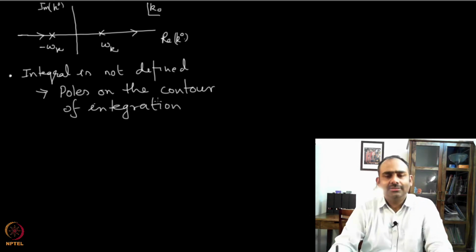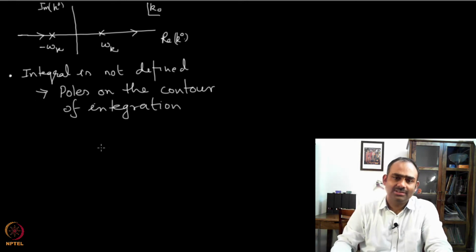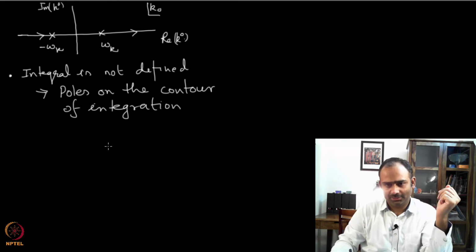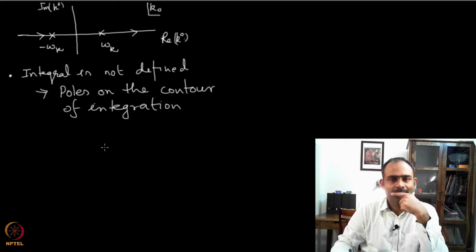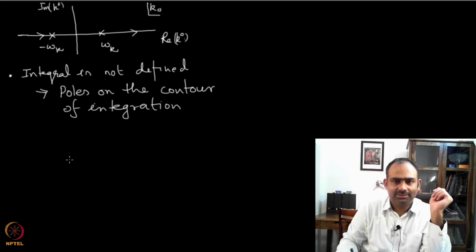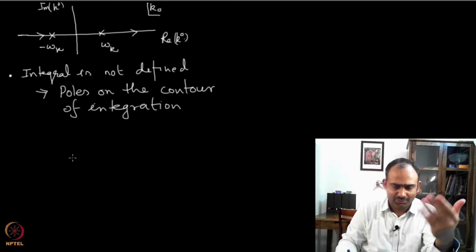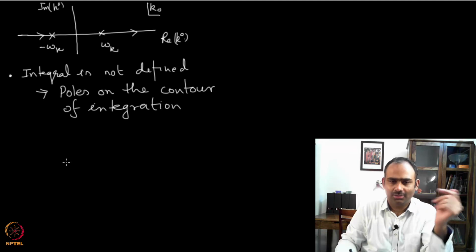Okay. Let us see why this integral is not defined if you have poles on the contour of integration. Let me give you a simple way to understand this. So let us forget that there are two poles. Let us take one pole on a contour of integration.